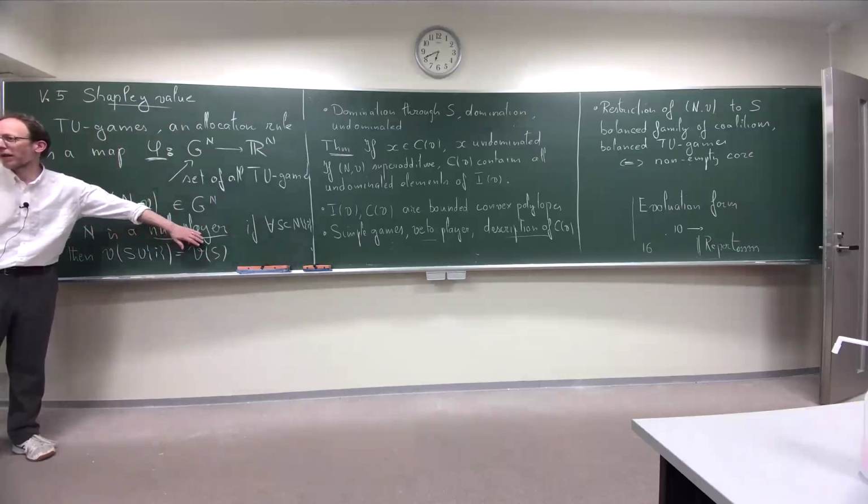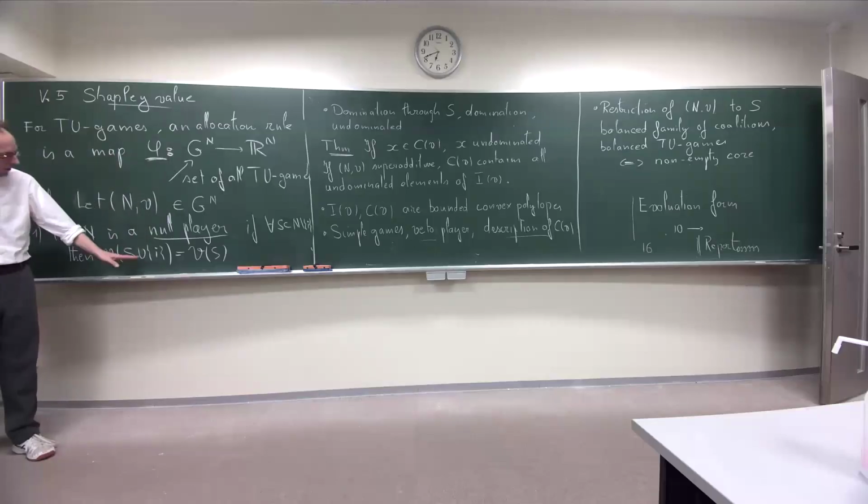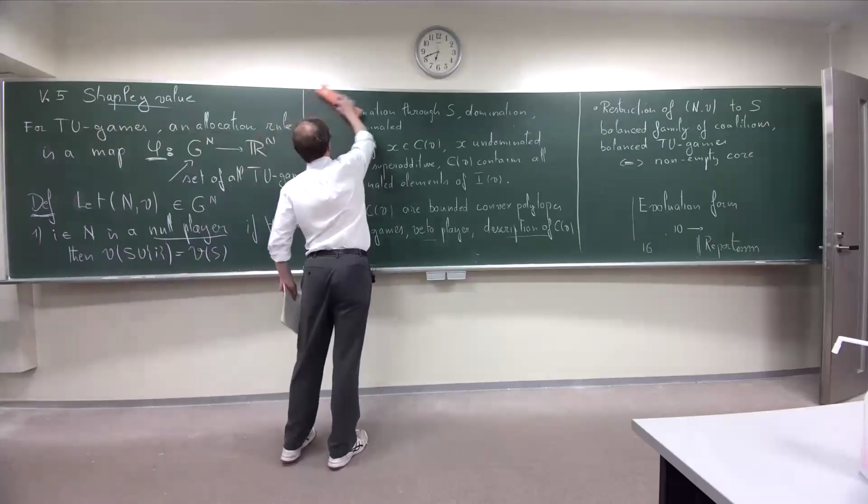So this player doesn't bring anything to the coalition. That's why it's a null player. The coalition doesn't get anything more by adding this player. Okay, so this is a null player.